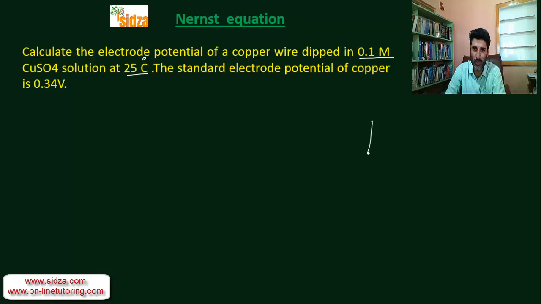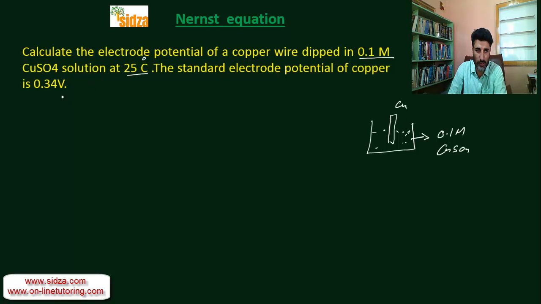So basically we have a copper electrode dipped in a solution of 0.1 molar. This is not 1 molar, this is 0.1 molar copper sulfate. So we have to find the electrode potential of this copper at 0.1 molar concentration. When you decrease the concentration from 1 molar to 0.1 molar, we will see how the electrode potential will change.